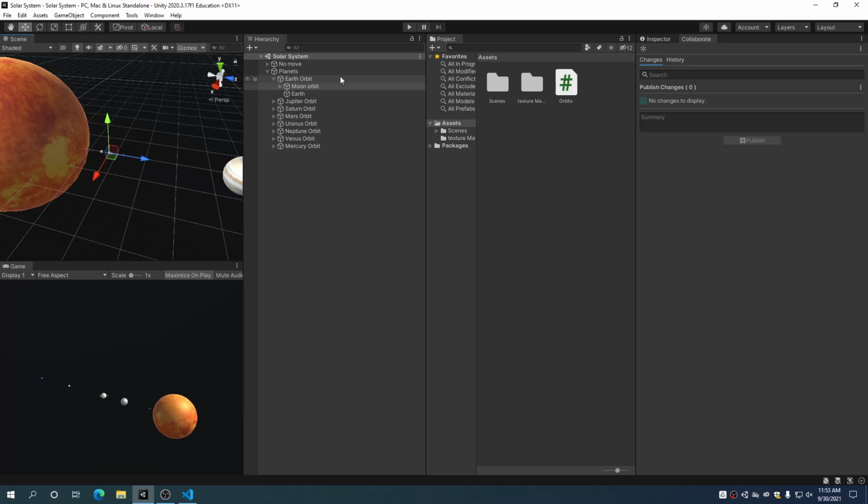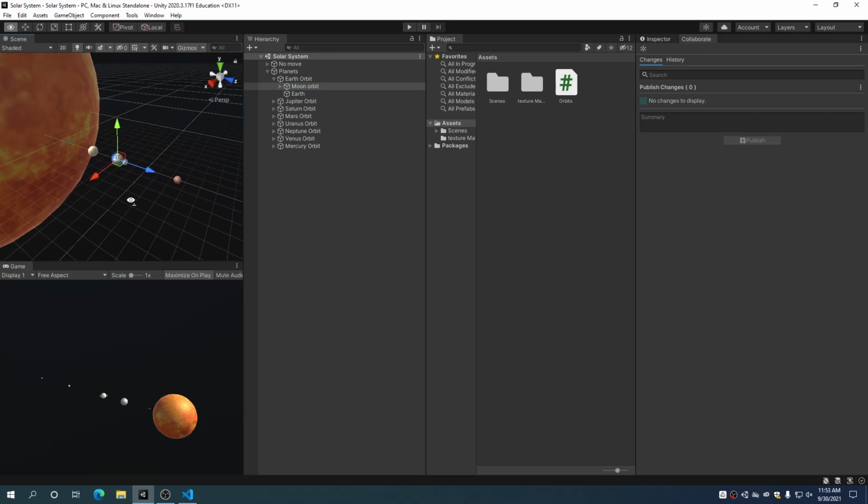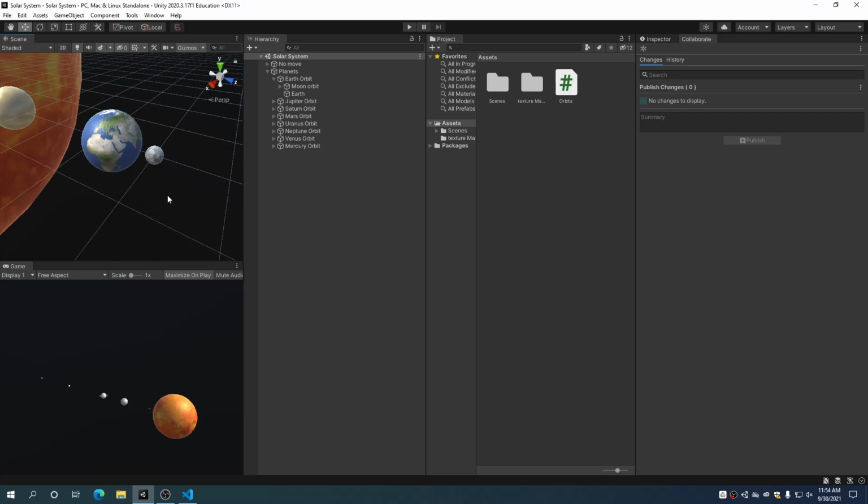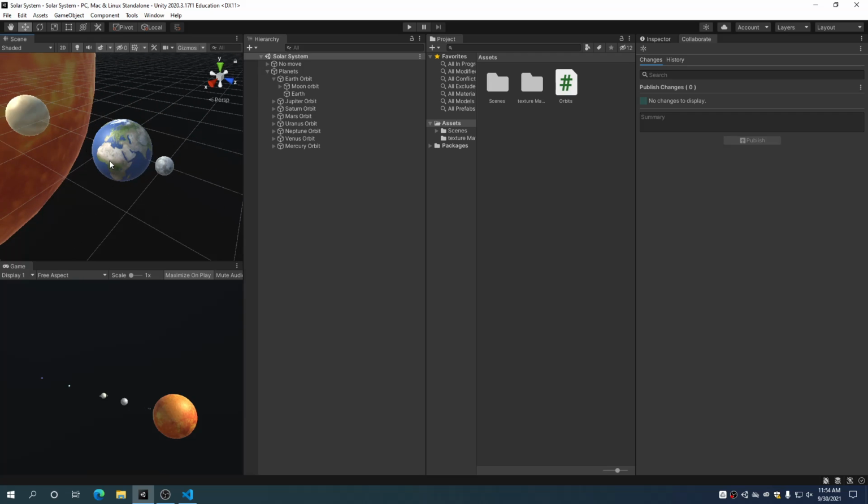I also implemented a moon for the Earth, and that's a moon orbit centered on the Earth, which moves around the sun with its orbit. If we zoom in, this moon moves around at the correct time in comparison to the Earth's orbit, and it moves a little fast in the simulation because of the scale, but it does actually work.